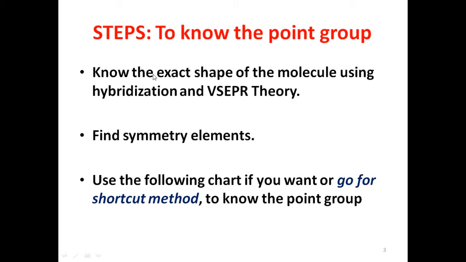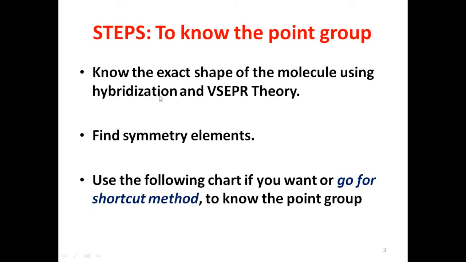So what are the steps which must be taken to know the point group of the molecule? First of all, you should know the exact shape of the molecule using hybridization and VSEPR theory. With hybridization you can get your geometry, right?